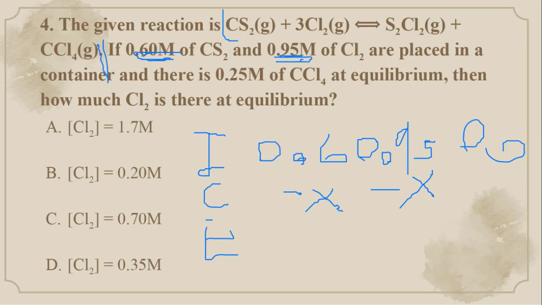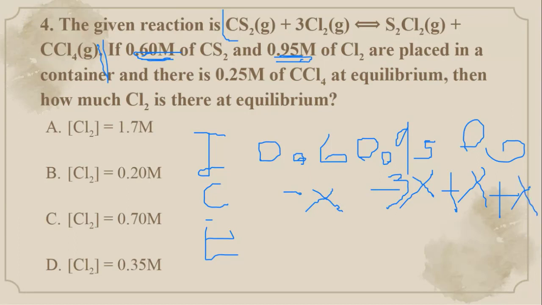Coefficient, exactly. Exactly like stoichiometry, you're going to consider that for every 1 mole of carbon disulfide, you could end up with 3 moles of chlorine. And that's why you add the coefficient in. Because for every 1 mole you lose of that, you lose 3 of that. So don't forget that concept. And positive x on this side. Cool.